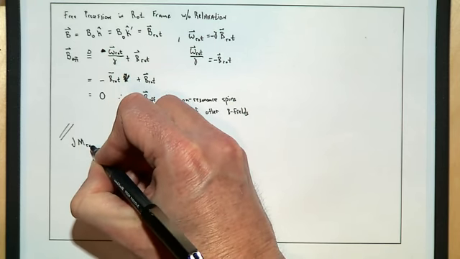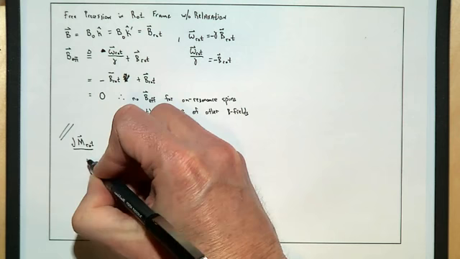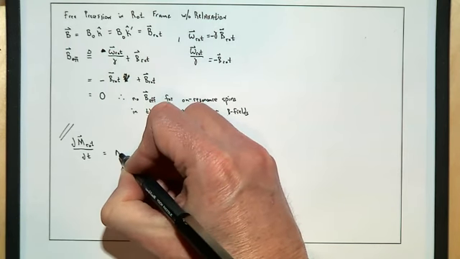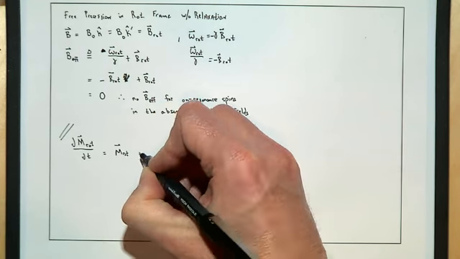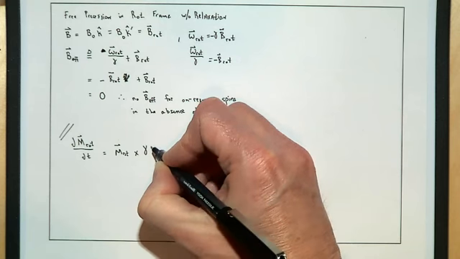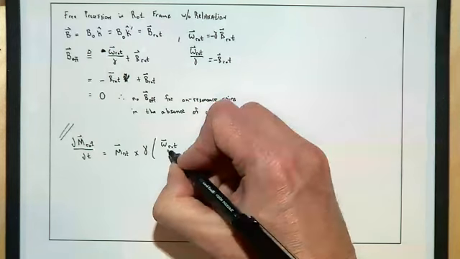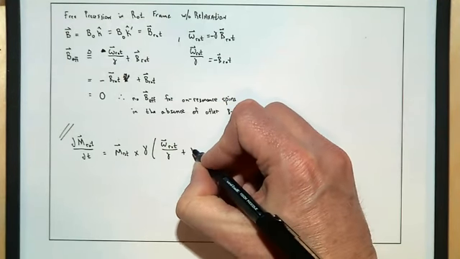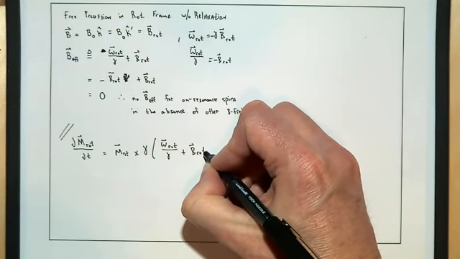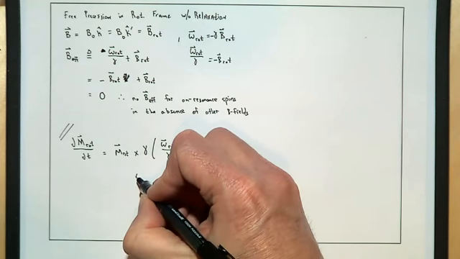So dm rot by dt was just m rot crossed with gamma times this B effective field, which we just showed was equal to 0.